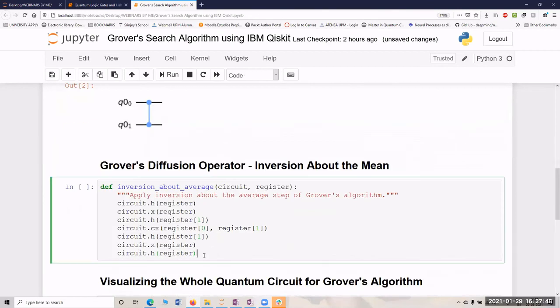And now you make the diffusion operator, which consists of first applying the Hadamard gate to make the superposition of the qubits, and then you apply the H, CX and H gates, which is also the controlled-Z operation. All these circuits you have already seen. We have combined them together to make the inversion about the mean operation, which is essentially Grover's diffusion operator.